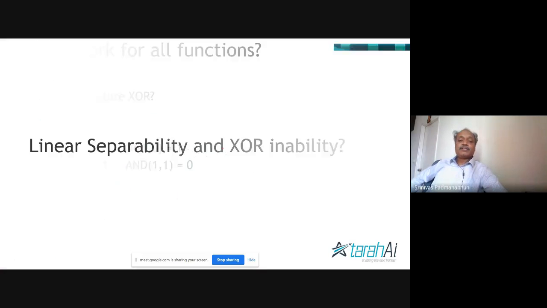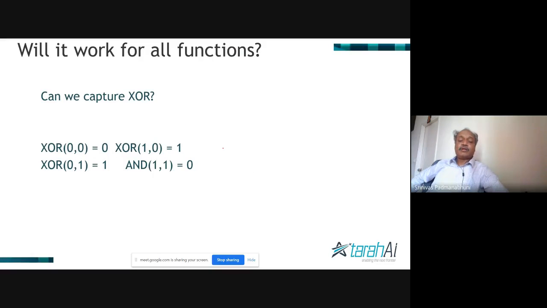But the problem that happened is when people tried to capture XOR, this neural network could not capture the XOR function. Why?